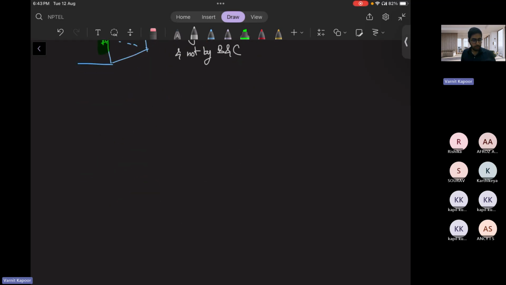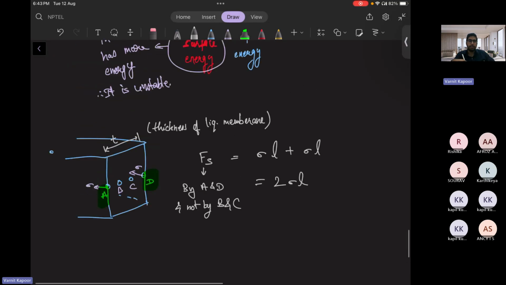Now it is much more evident from your childhood, when there is a vendor who blows a balloon from soap solution. He just blows air in a circular ring which is dipped in the soap solution. When he blows the air, it forms a bubble.